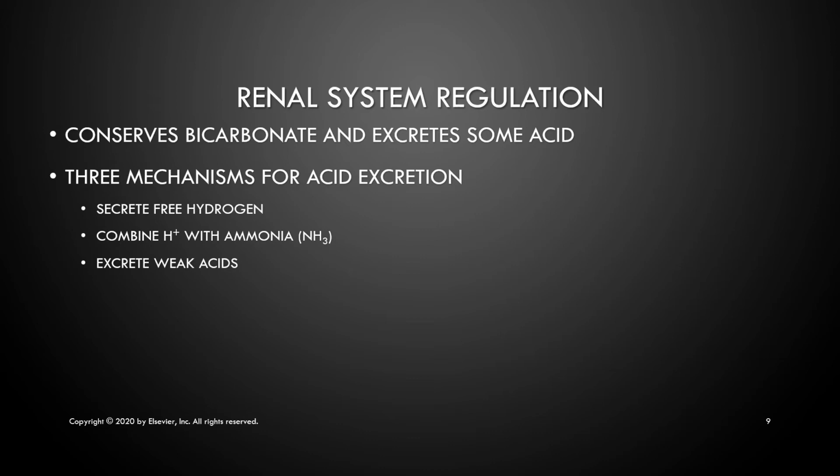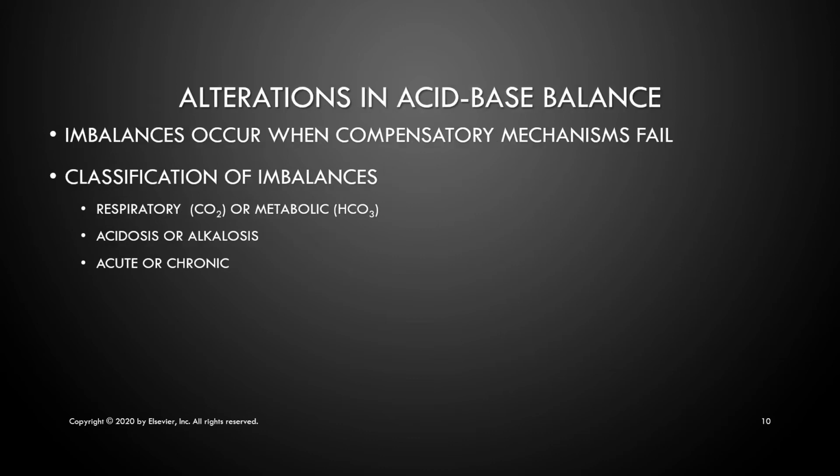So we've gone over 3 different types of systems that help us understand how our body is going to regulate our acid-base balance. So remember, our body wants to be within that normal range of 7.35 to 7.45.